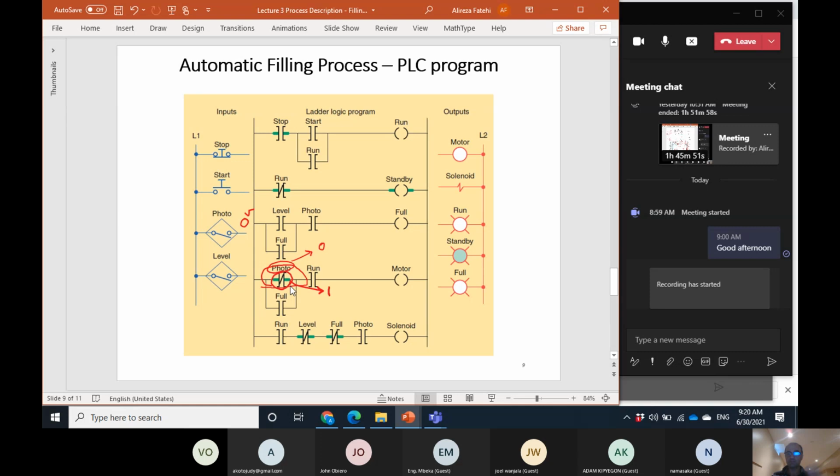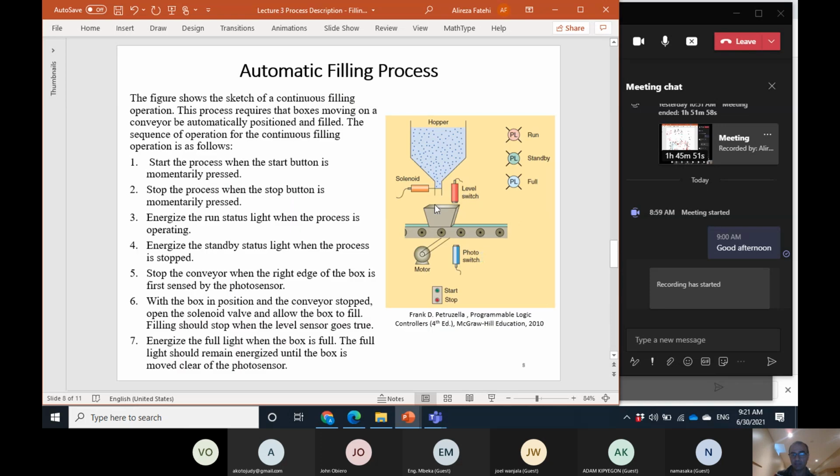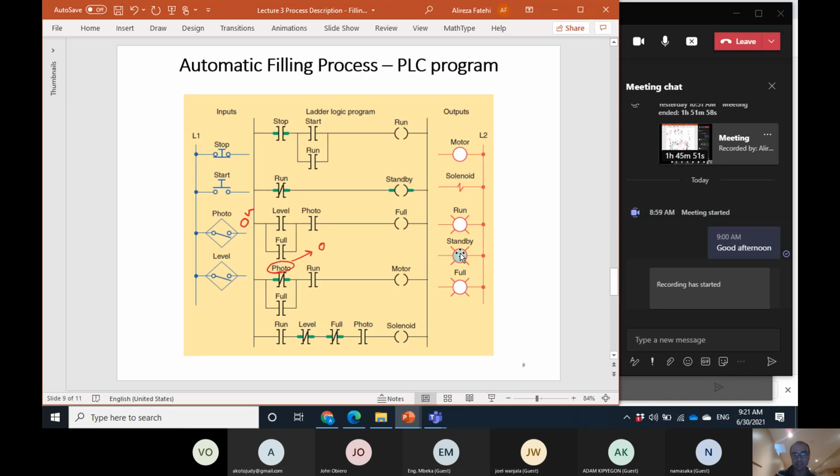What about if there's a box over there and it is full? The box is over there. When the box is over there, let me just mention something before that. What will happen when the box reaches this point, the photosensor senses that. So it closes. Let me use another color.